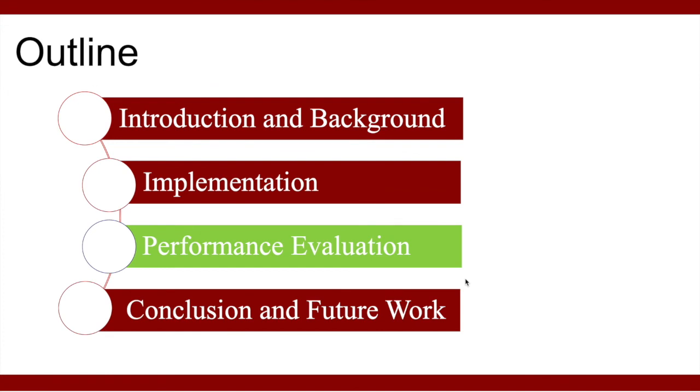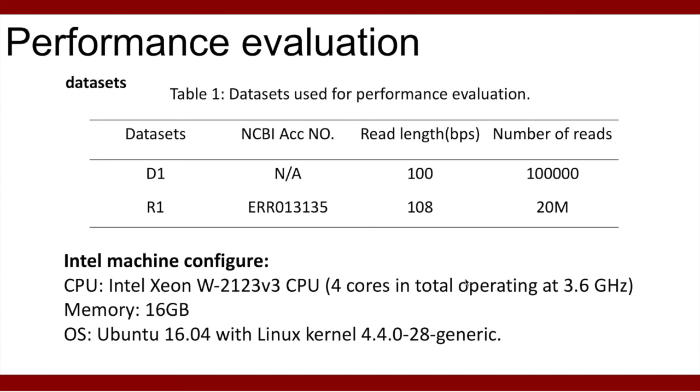Now I will give a performance evaluation. We evaluate the performance on both simulated and real short read datasets as shown in Table 1. The simulated reads D1 are generated from GRCh38 by the Mason simulator with default Illumina profile settings and a read length of 100. In addition, we use a real dataset R1 from NCBI SRA with read length 108.